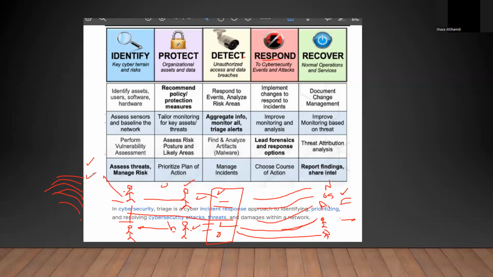That's why I mentioned that the digital forensics team sometimes works hand in hand with the incident response, and sometimes the incident responder is a digital forensics investigator. We mentioned that sometimes the same solution has two processes.